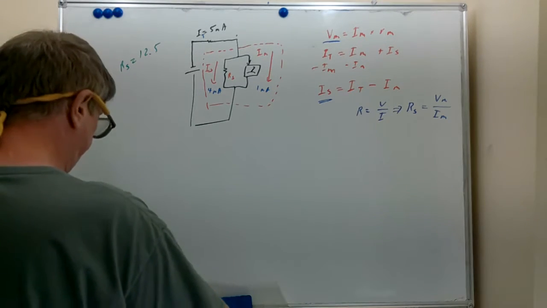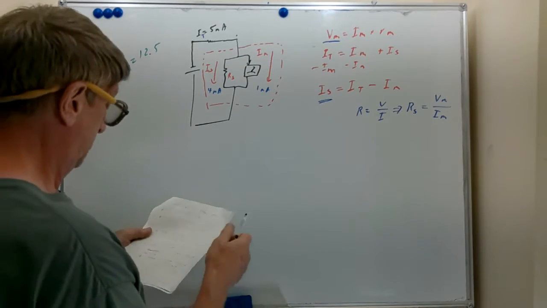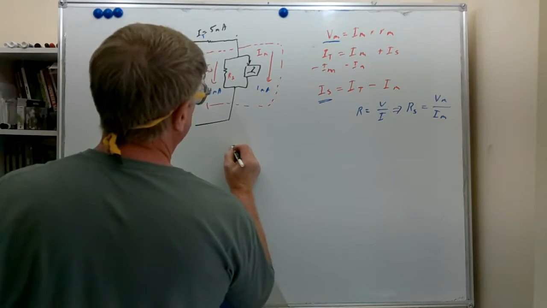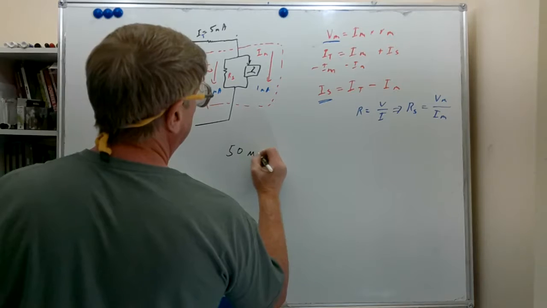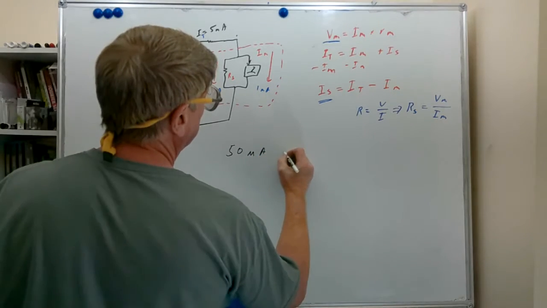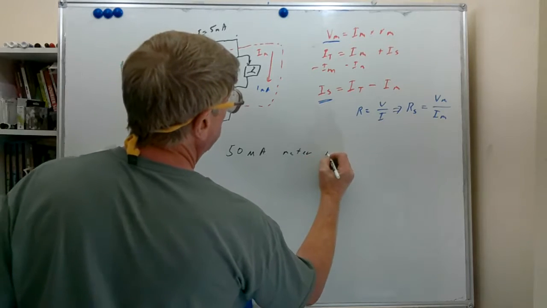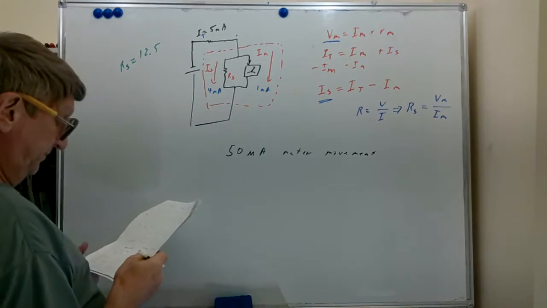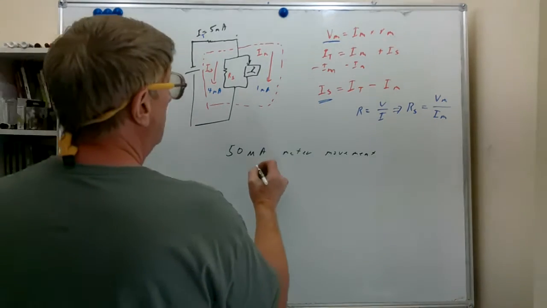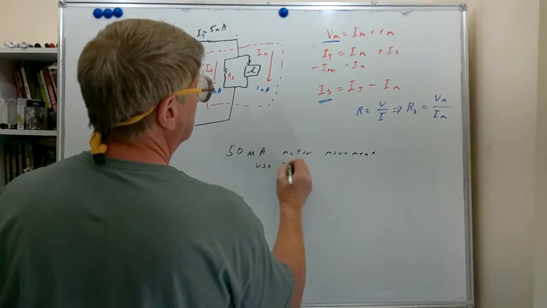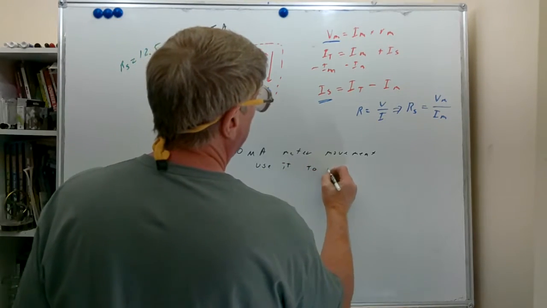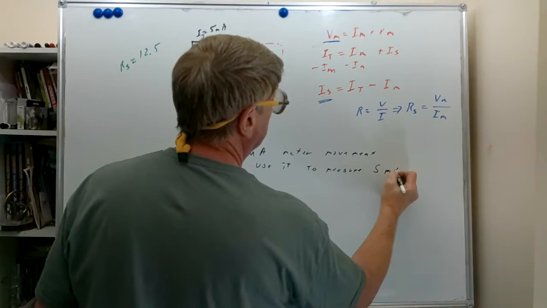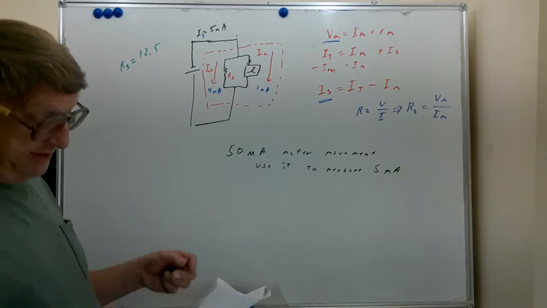Now, if we have a 50 microamp meter movement, and we want to use it to measure 5 milliamps, we're going to need a shunt.